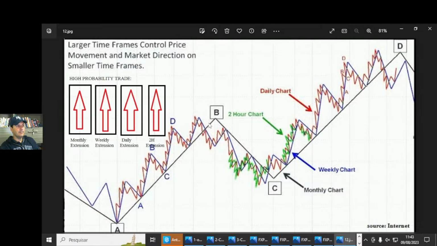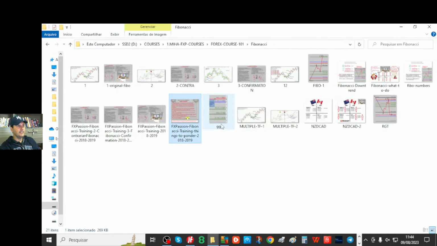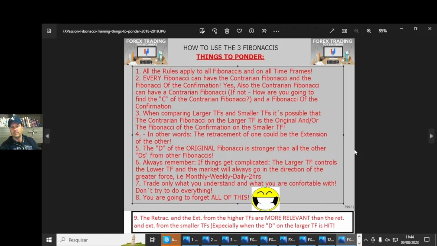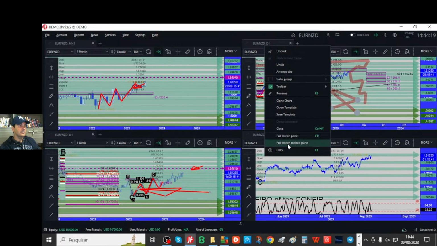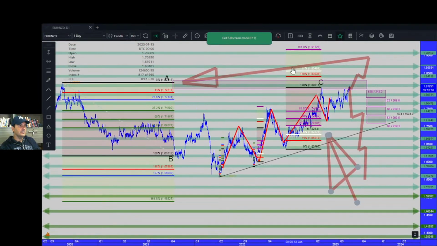The black one is the monthly chart moving up. The weekly is the blue, higher highs but then lower lows, higher highs, market wave concepts, and then you have the daily doing all kinds of things. And here you have the rules. Go long.